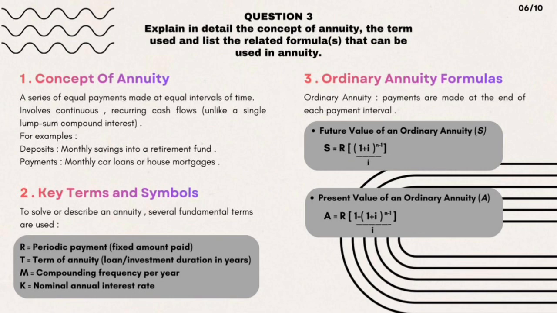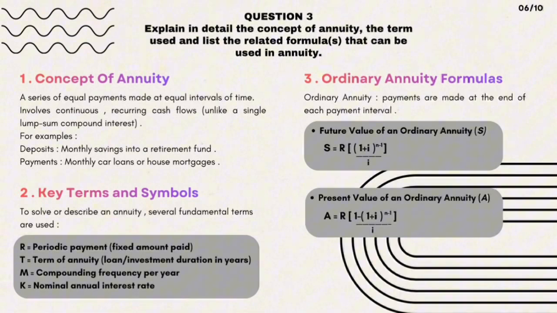Finally, let's look at the ordinary annuity formula. In the course, we focus on ordinary annuities, where payments are strictly made at the end of each payment interval. Depending on what the problem asks, we use 2 primary formulas. The first one is the future value of an ordinary annuity.